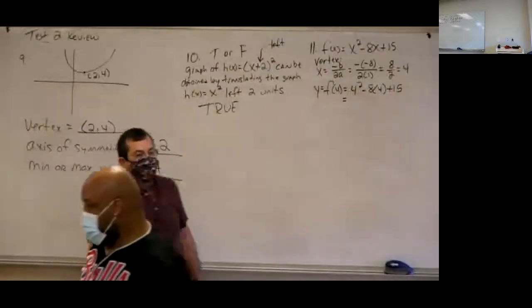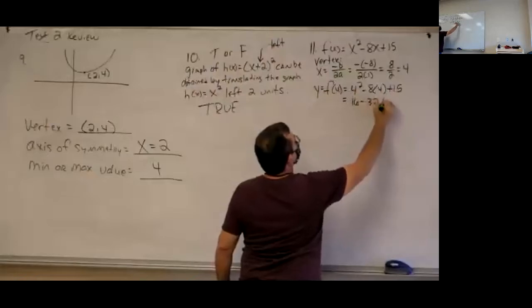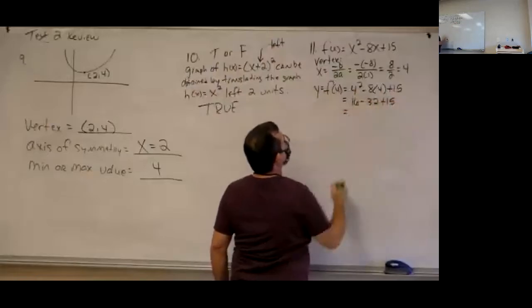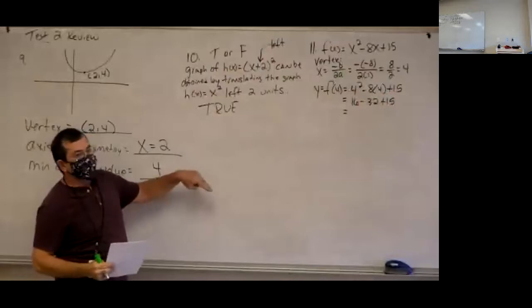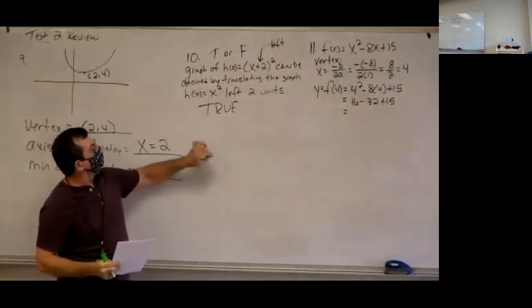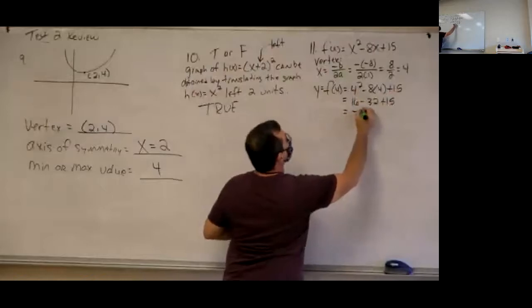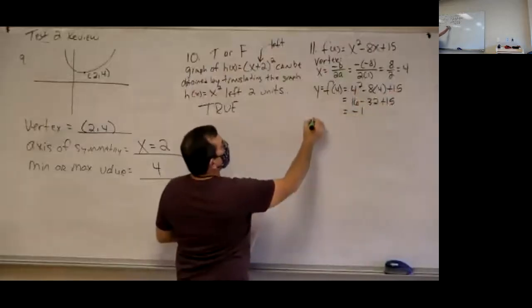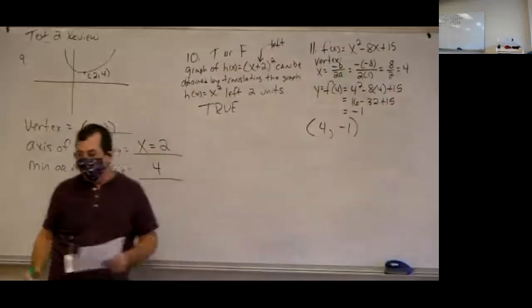So let's see, 4 squared is 16 minus 32 plus 15. So y'all, let's see, 16 minus 32 is a negative 16. Negative 16 plus 15 will give me what? A negative 1. So my vertex is 4, negative 1.